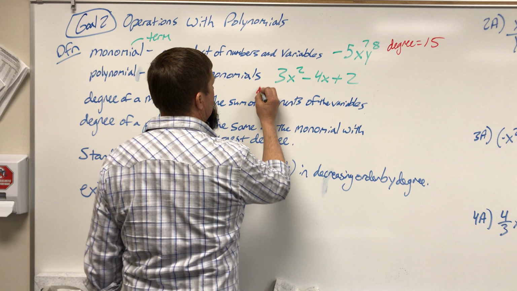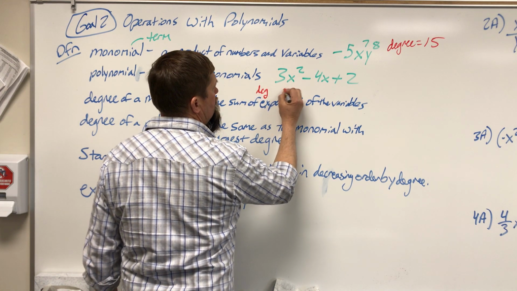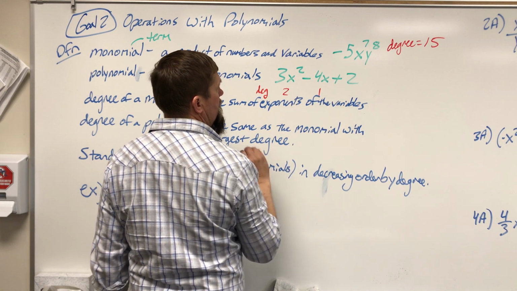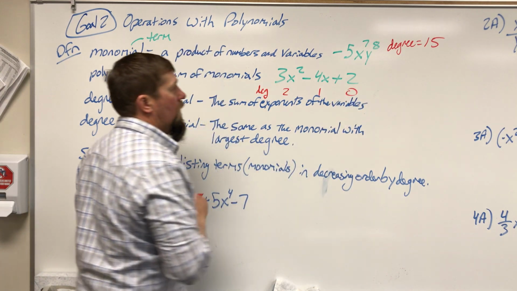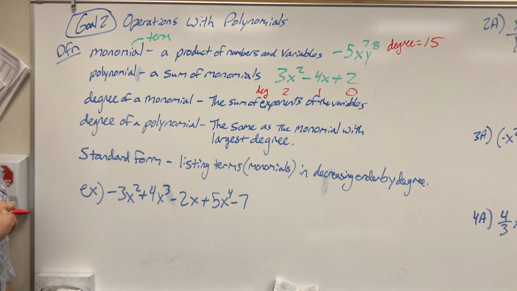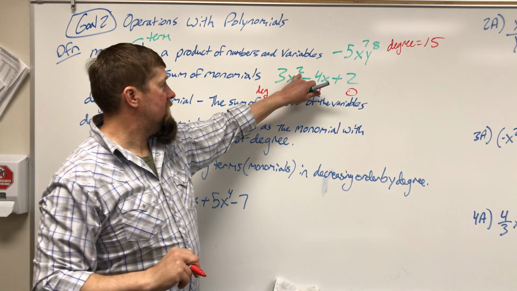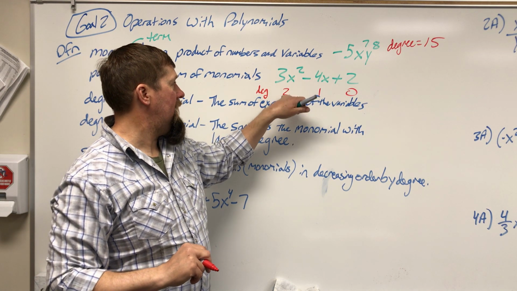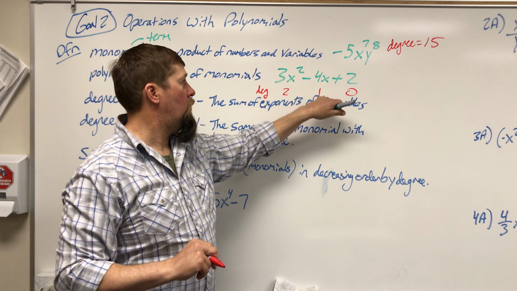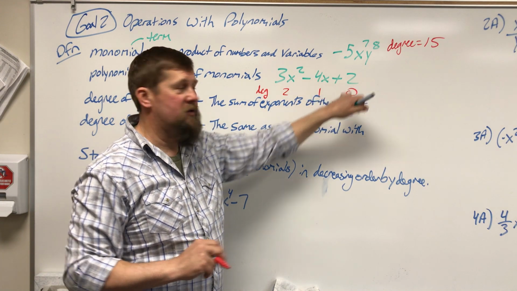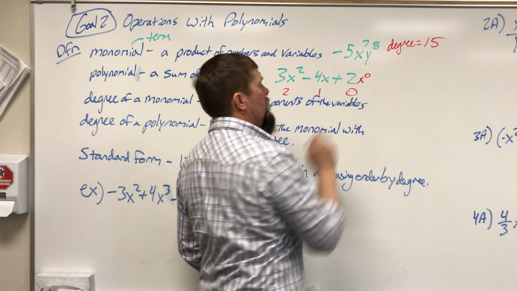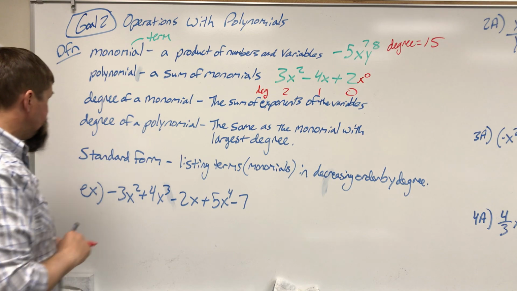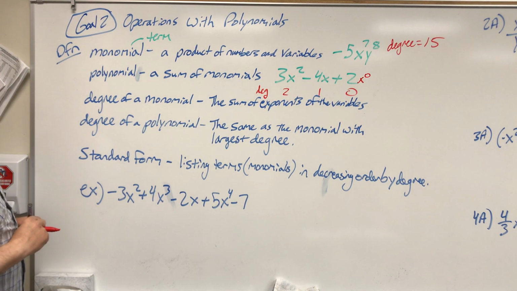The degree of this one is 2. The degree of this one is 1. The degree of this one is 0. Okay, because the exponent is 2, so that's a term that has a degree of 2. This degree is 1, and this doesn't have a variable, so it's like saying x to the 0, or 0 degree.